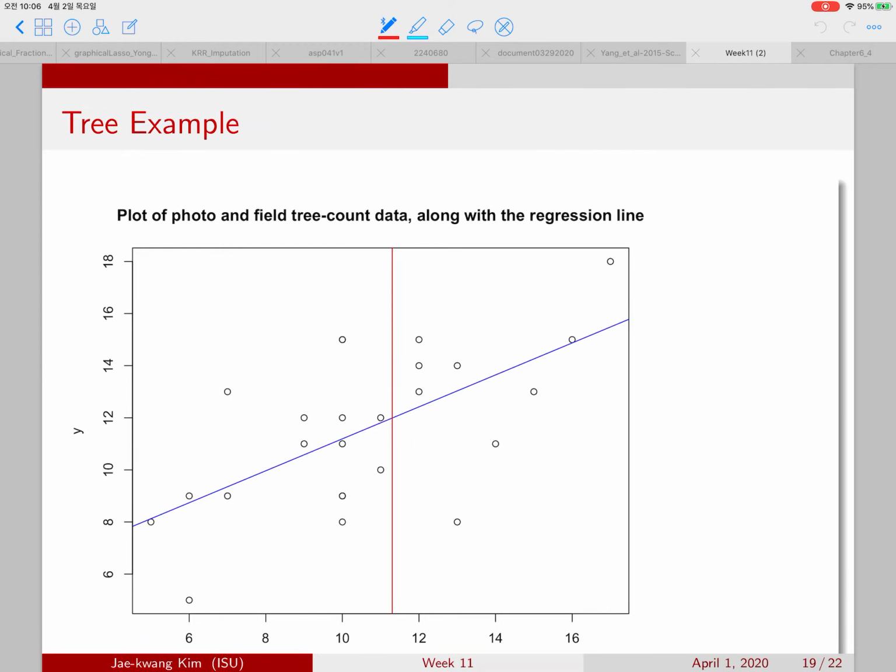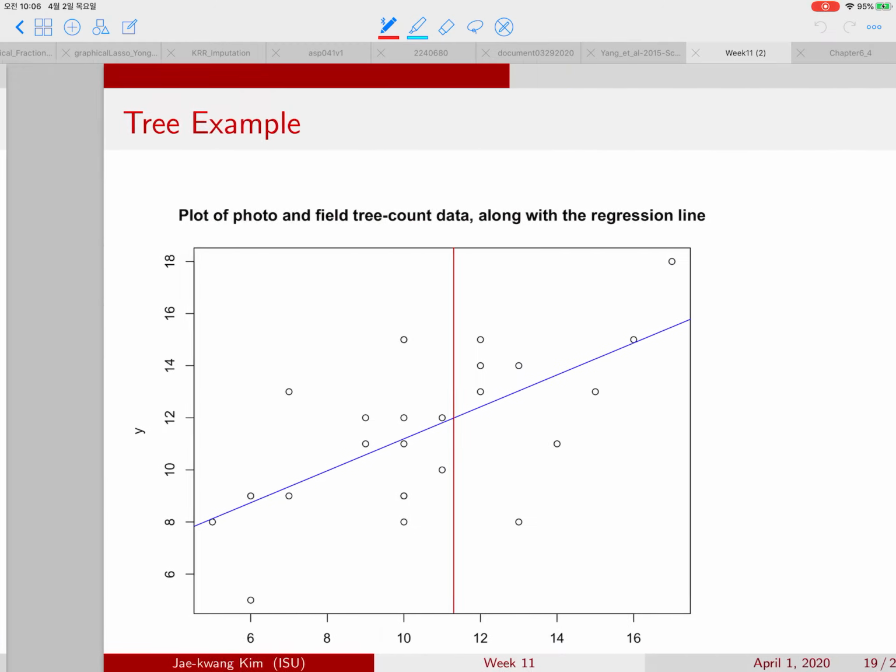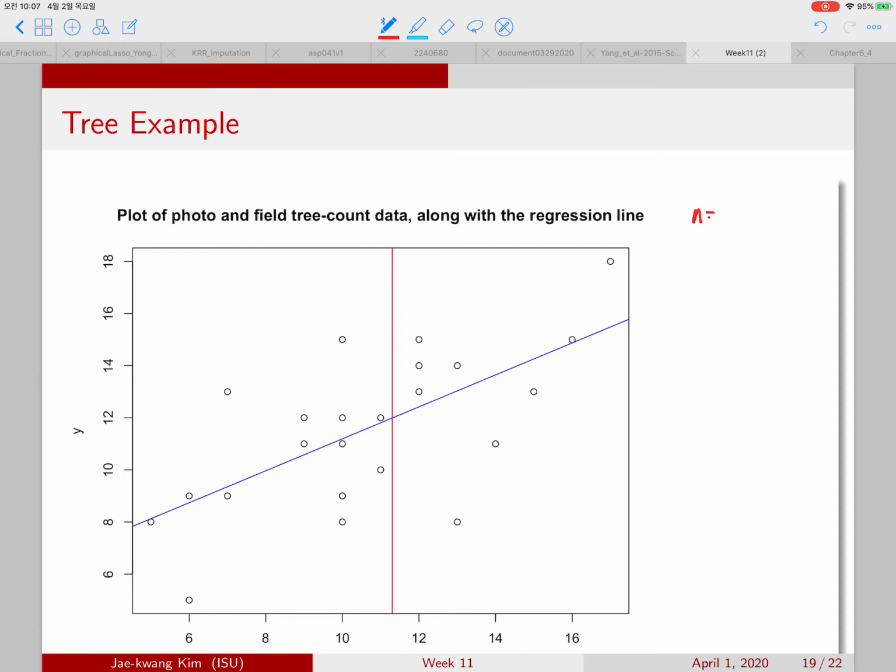So here's the actual plot. So we have 25 dots here, and the blue one is the regression line. So y hat is b0 hat plus b1 hat x.